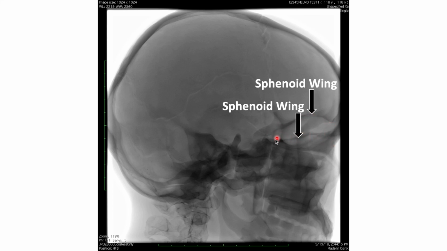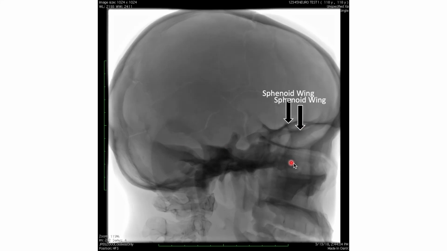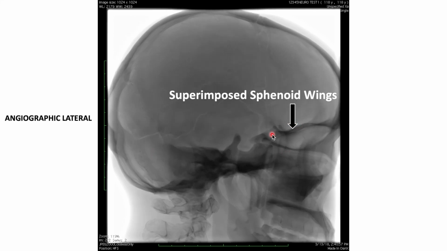So now you've got to ask your technician to move the machine, the side arm, in a way that these 2 wings actually superimpose on each other. So he moves the machine further. The 2 wings are now relatively close to each other, but still not superimposed. And then now the wings are superimposed exactly on each other. This is a perfect lateral view for the anterior cerebral circulation.